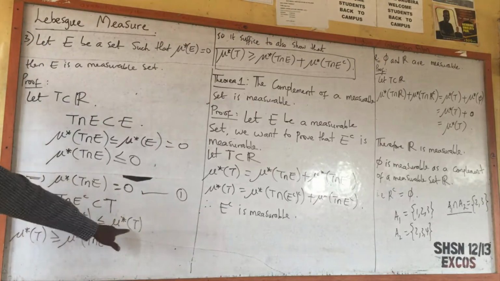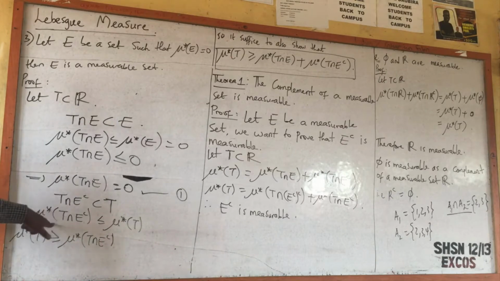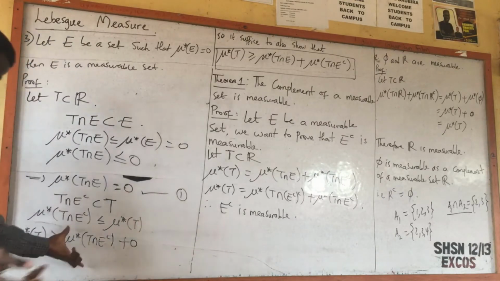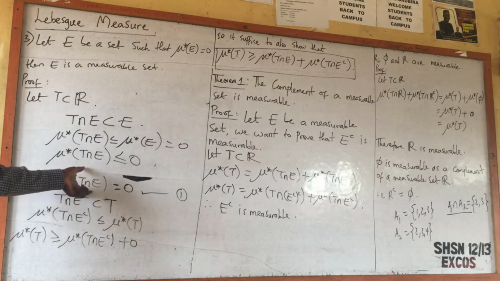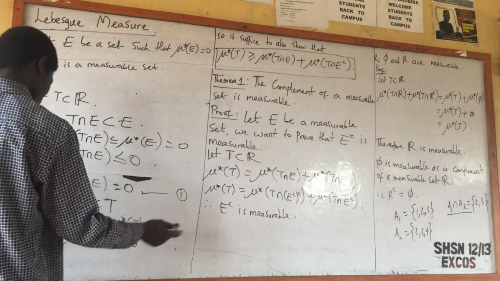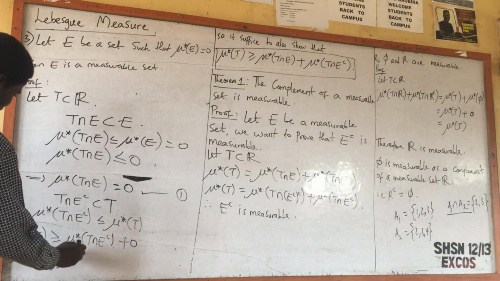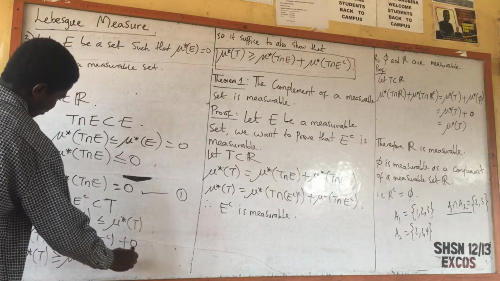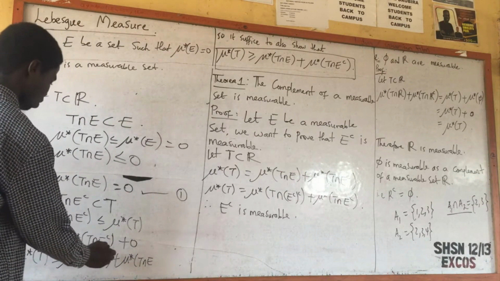If I rewrite this, the outer measure of T will be greater than or equal to the outer measure of T intersection E complement plus 0. Anything plus 0 is still the same thing. But 0 is equal to the outer measure of T intersection E. So I now have the outer measure of T greater than or equal to the outer measure of T intersection E plus the outer measure of T intersection E complement.